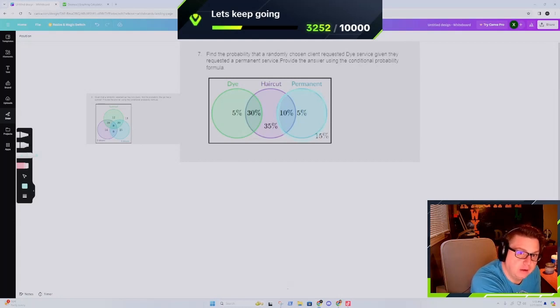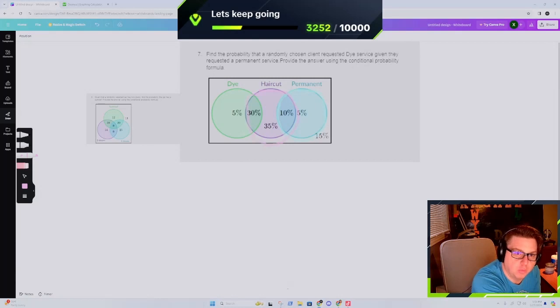We have die, haircut, and permanent. Okay? So, when we do this and they show a circle, okay, how many people requested a die? How many requested a haircut? How many requested a permanent service? Okay. So this circle tells you how many people did this, but it also intersects with this one.